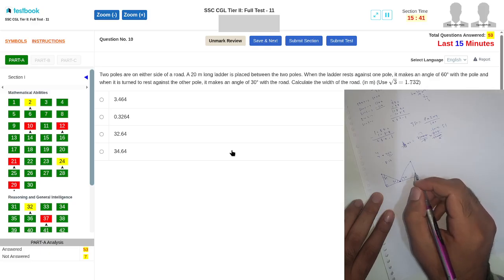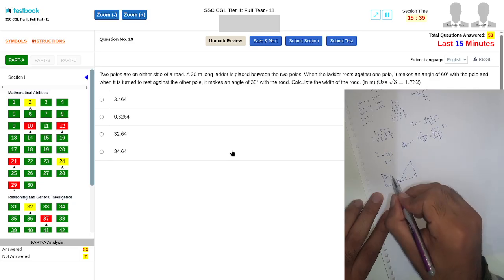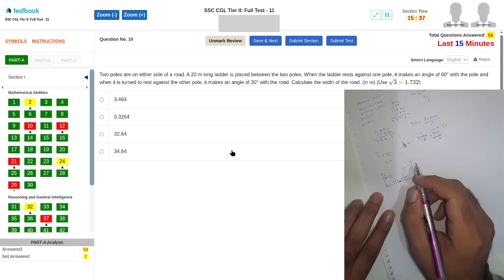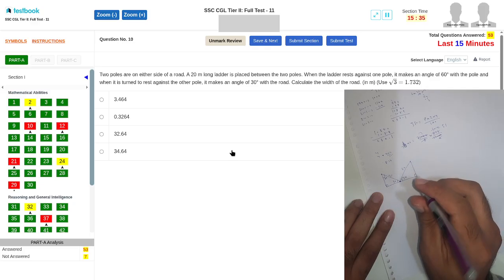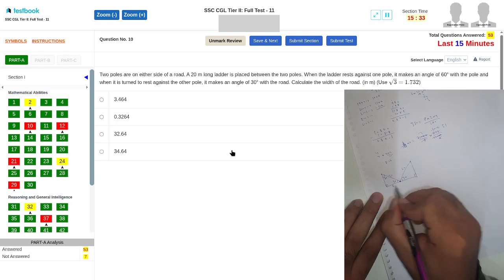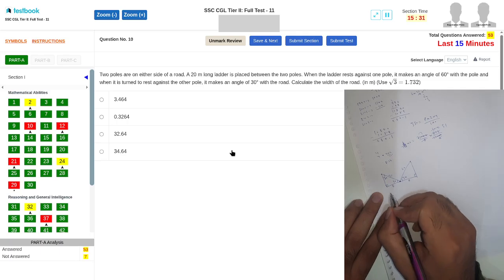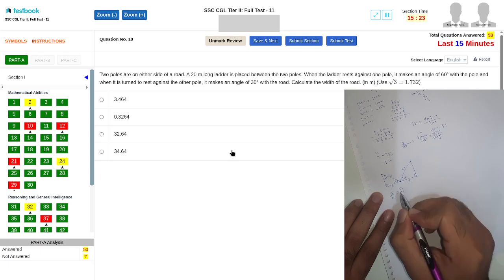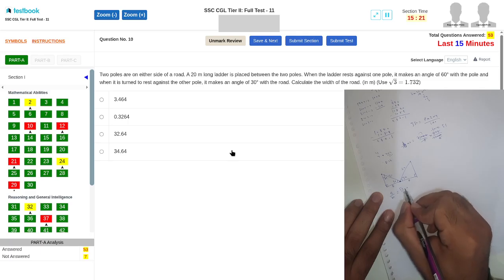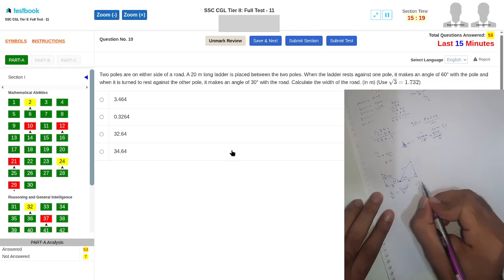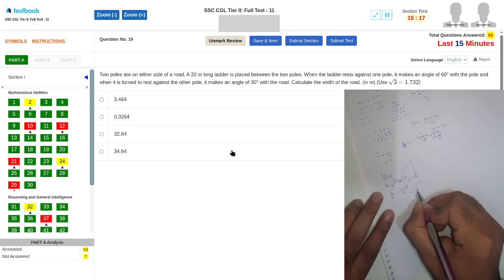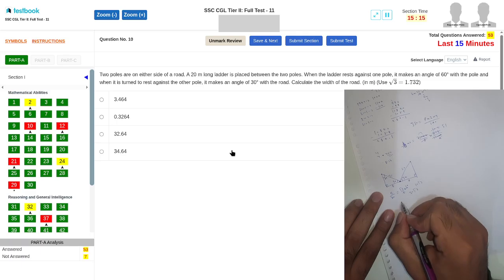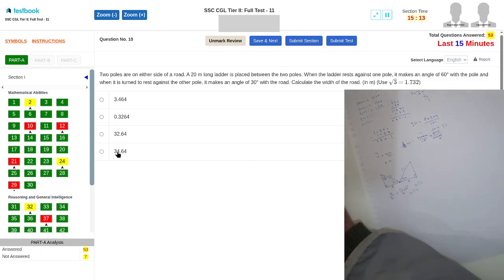Degree. Width of the road, base 20 is equals to cos 30, root 3 by 2, 20, 10 root 3, 20 root 3. तो 34 कुछ आएगा.